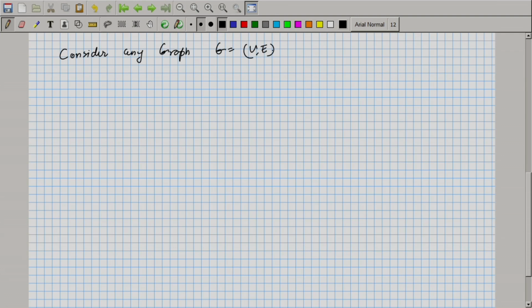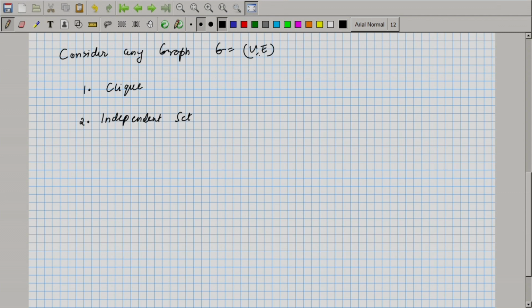Okay. So, we are looking for two substructures in this graph, one being a clique and the second being an independent set. A clique is a set of vertices such that, if G equals V, you take a subset of vertices such that all of them are connected to each other.